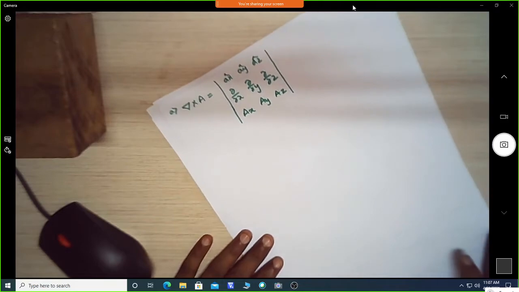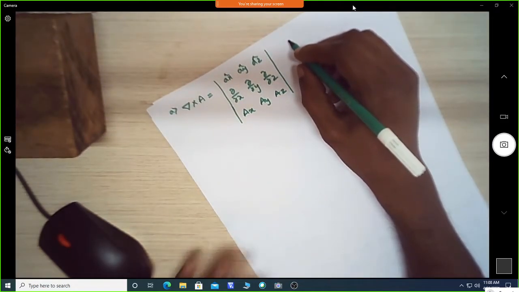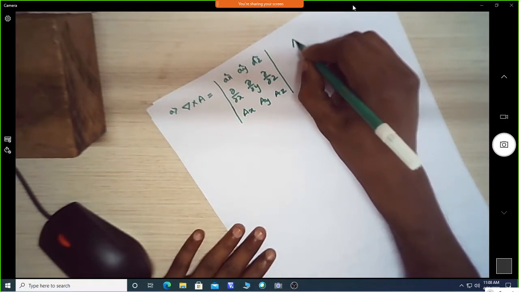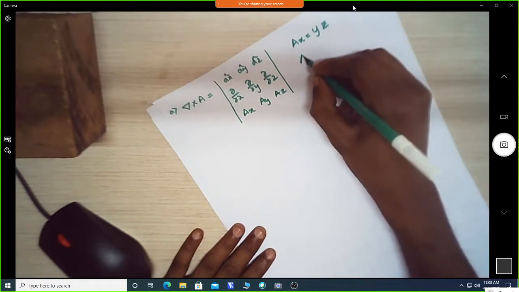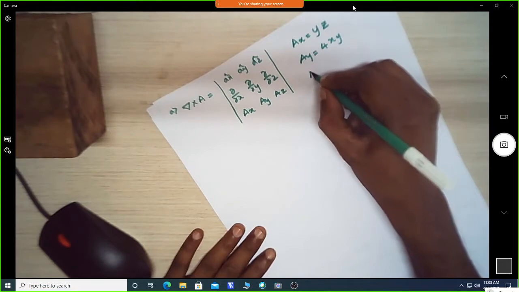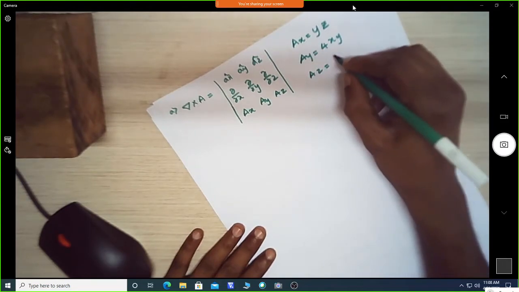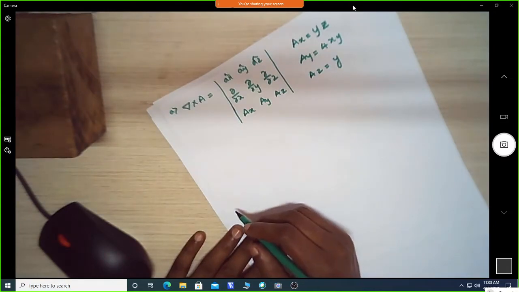Okay, so now we know the ax, ay, az components from the given problem. Okay, so ax component is yz, ay component is 4xy, and az component is y. Okay, you substitute all these things here and you will get the curl of A.